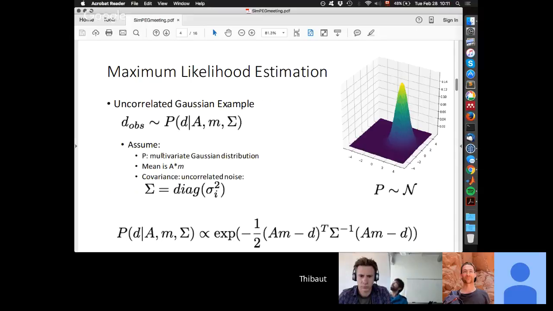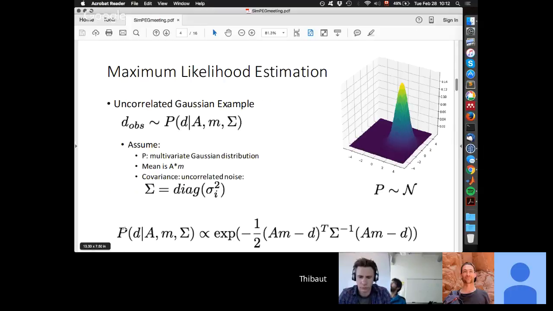So if I assume Gaussian, what I need is a mean. In a linear case, just to make things simple for now, my mean will be my physics times my model, A M, as usual. If I assume uncorrelated noise, my covariance matrix will just be diagonal.